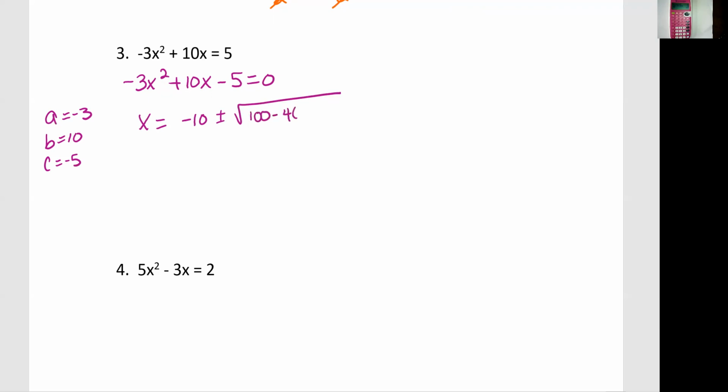Minus 4 times a times c. Be careful of your signs. Divided by 2a. 2 times negative 3 is negative 6. Calculate the discriminant, which is 40. So we have negative 10 plus or minus the square root of 40 divided by negative 6.